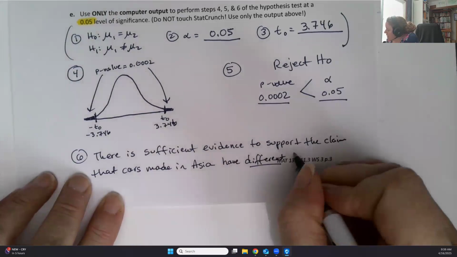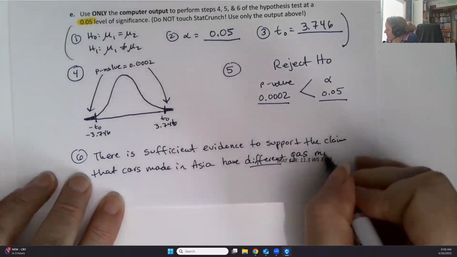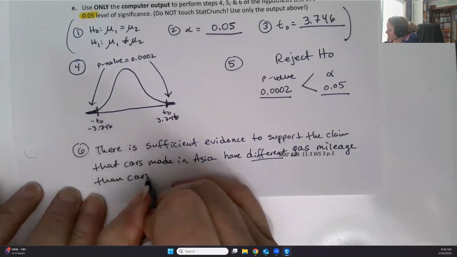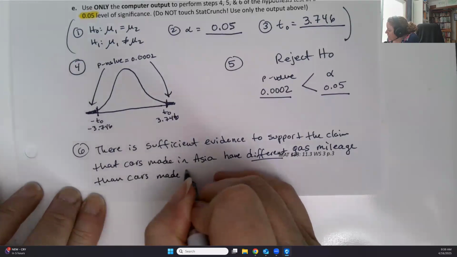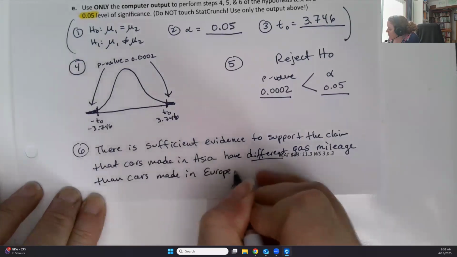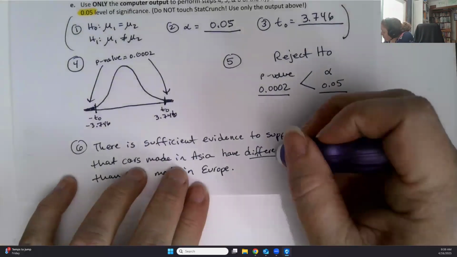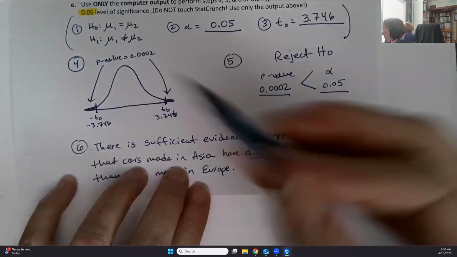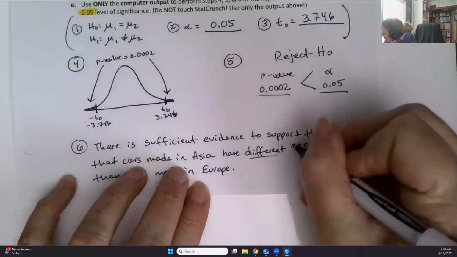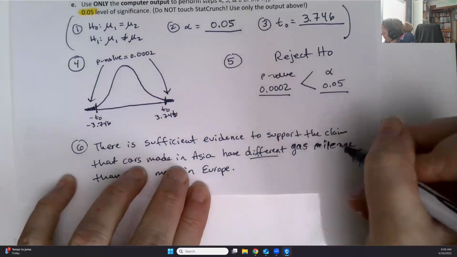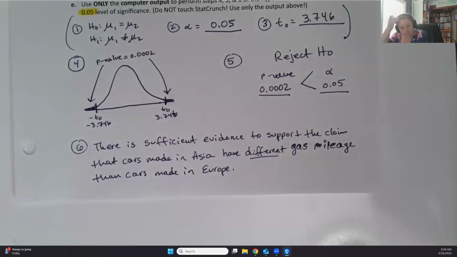Different because it's two-tailed, gas mileage than cars made in Europe. Sorry, my page numbering there got in the way. Different gas mileage. Right, MPG. You could do MPG, right, for mileage if you want.